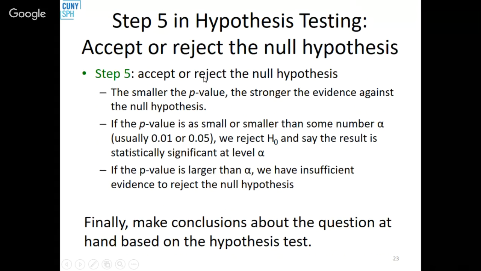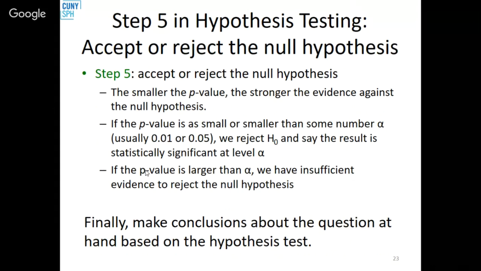Finally, step 5 is to either accept or reject the null hypothesis. If it's a very small p-value or a very large test statistic, then that provides stronger evidence against the null hypothesis, and you will reject the null, accept the alternative hypothesis.